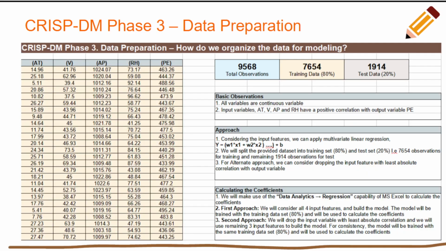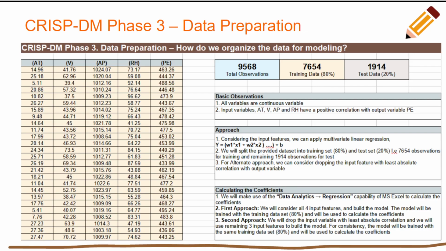Moving on, in phase 3, we will organize the data in preparation for modeling. The data readings, ambient temperature, ambient pressure, relative humidity, and exhaust vacuum will be used as input variables or features, and net electrical energy output as our target variable.